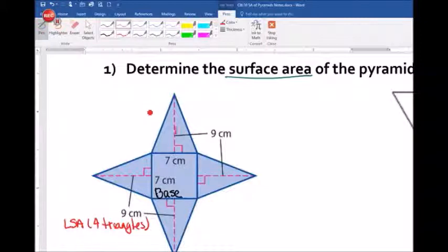Remember, the base and the height of a triangle is where it makes a right angle. So the area equals 7 times 9 divided by 2, which will give you 31.5. But remember, we have 4 of them, so we are going to multiply it by the 4 triangles.